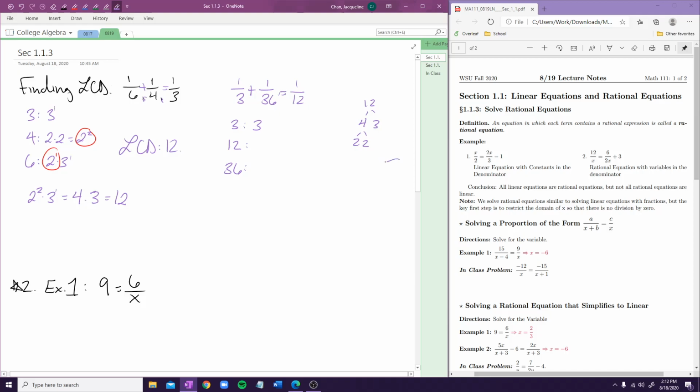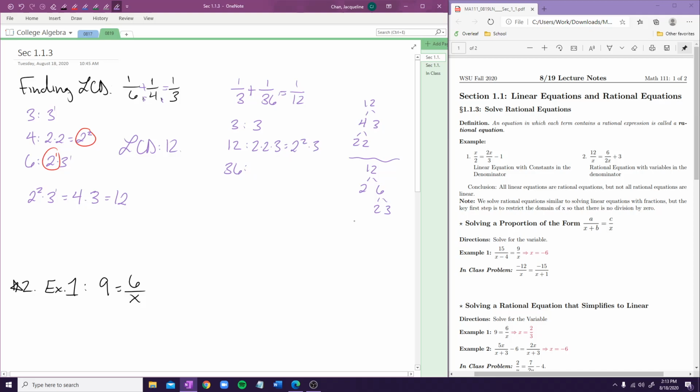I'll show you that you'll still get the same answer if you did 2 and 6, and then 6 is 2 and 3. As you can see, there's still two 2s and one 3, so this is 2 times 2 times 3, which is 2 squared times 3.